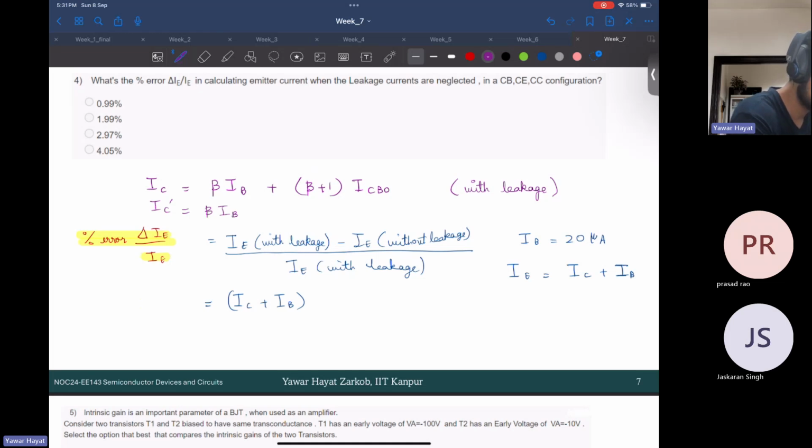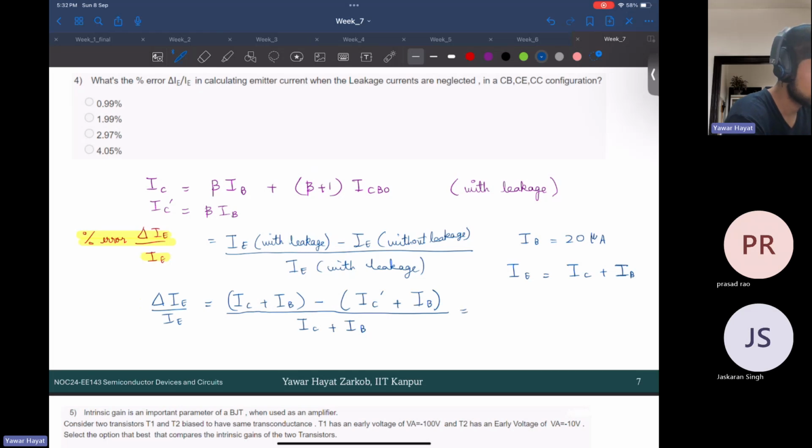So this would be minus your IC dash plus IB, whole divided by IC plus IB. This is your delta IE by IE.